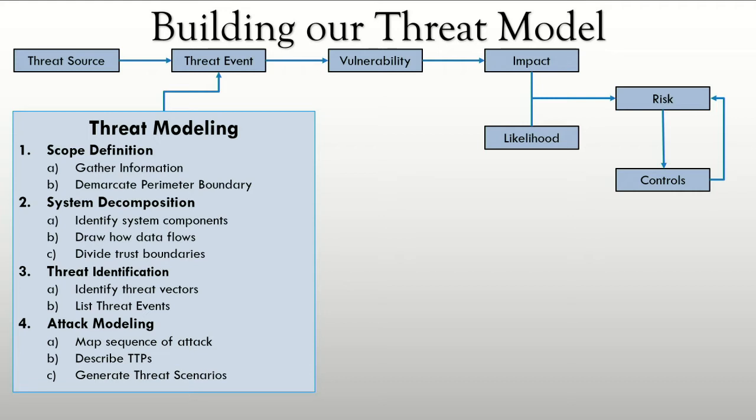This is something that not everyone will be able to do for every location and every spot and every critical node. Our system decomposition is what we talked about before. It's taking down these assets, breaking them down to their component parts, and then drawing a diagram, which sometimes helps out a lot. And we'll have one later on.